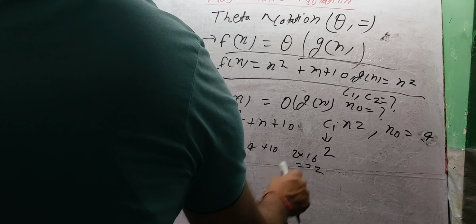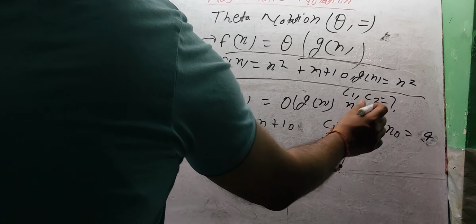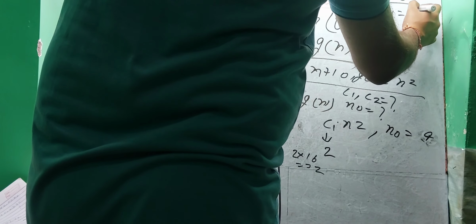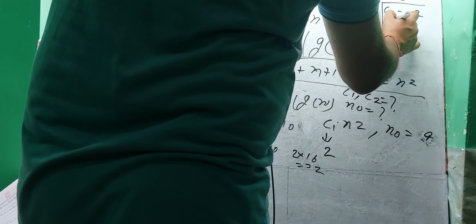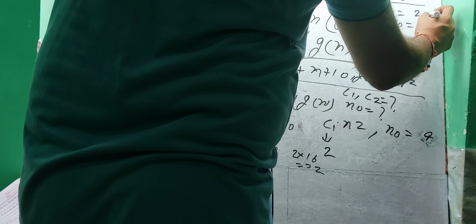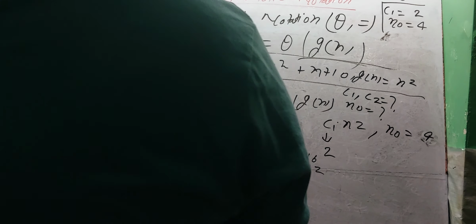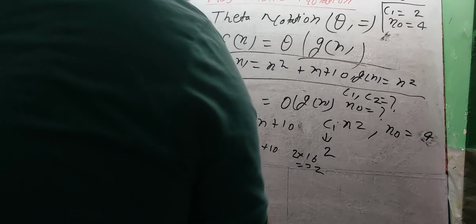Okay, now we have found our c1 value, for big O c1 will be 2 and n naught equals 4. Now we need to find it for omega.